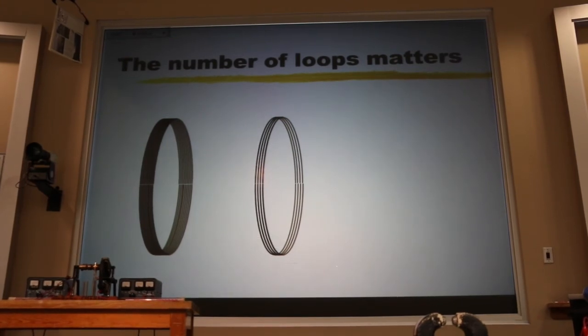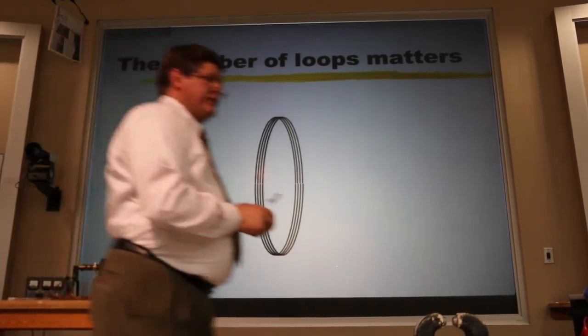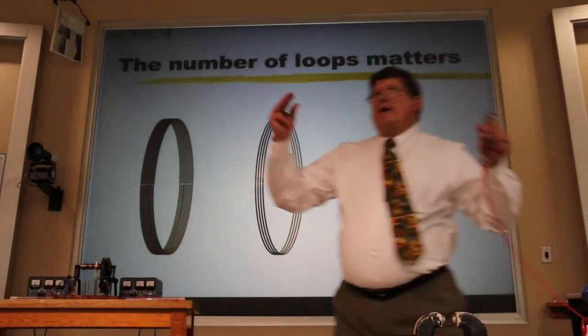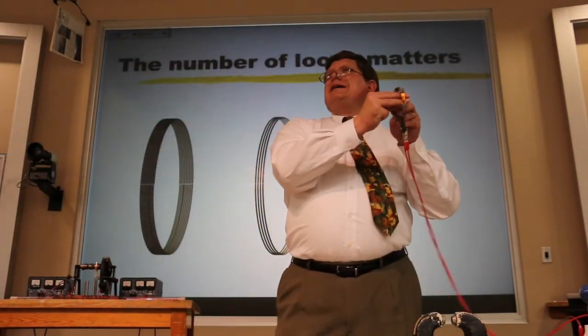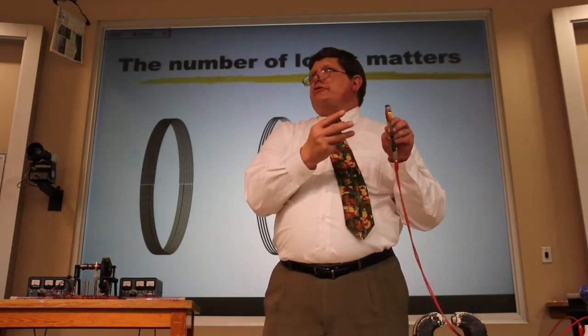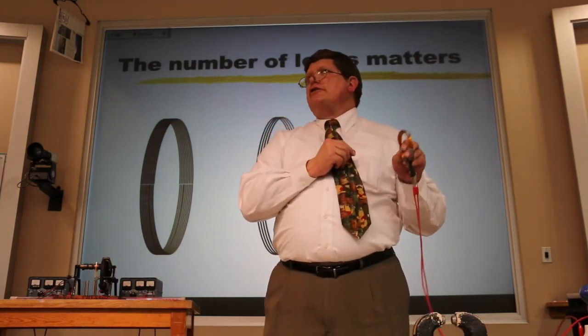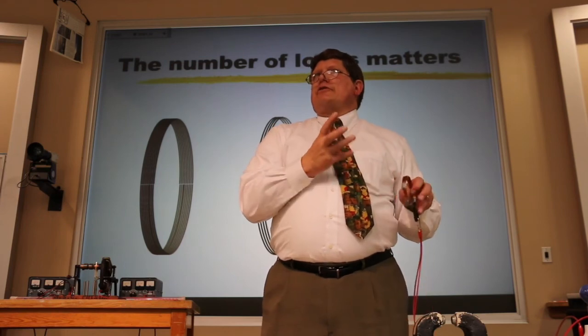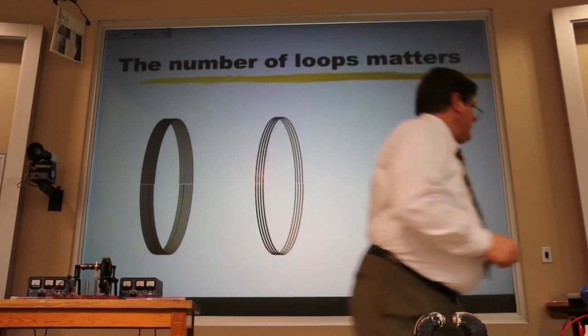I count that as 8 field lines that I've changed. But here, if I send 4 field lines through 100 loops, that's changing by 100 times 4 field lines. So the number of loops matter.